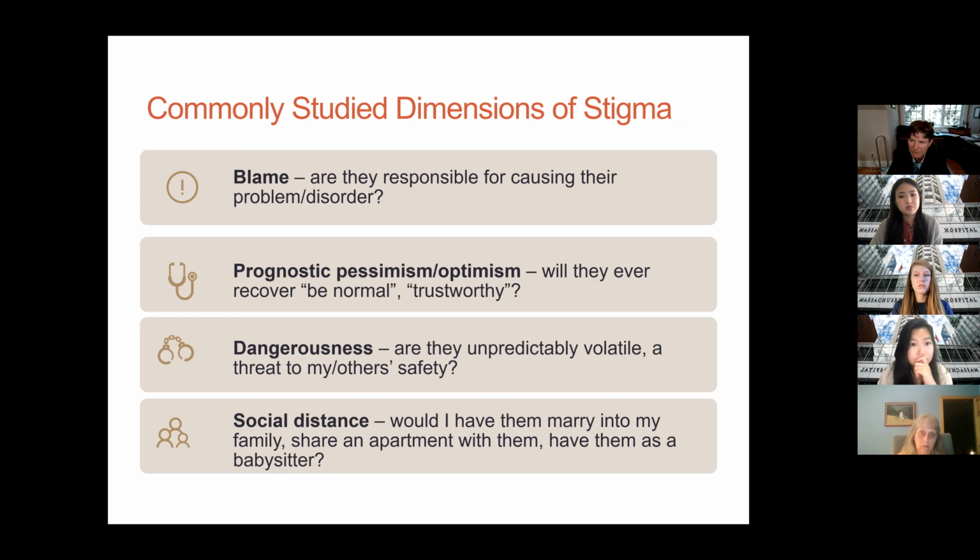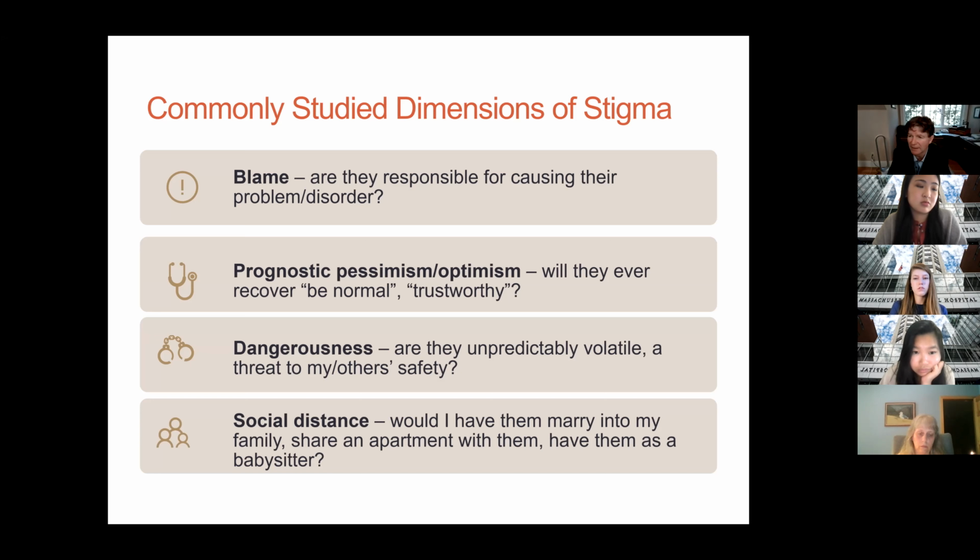This is important to know that there are different dimensions of stigma. Stigma is not one thing, but rather there are multiple dimensions. One, of course, is blame and responsibility, and I'll talk about this in more detail. Are they responsible for causing their problem or condition? Can they recover is another dimension. Can people actually get well from their condition?